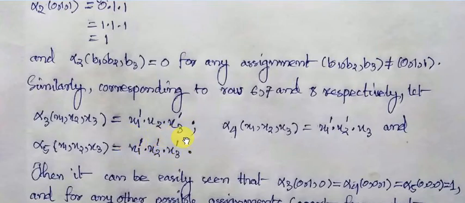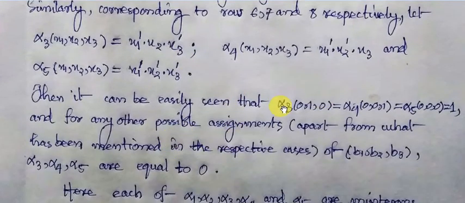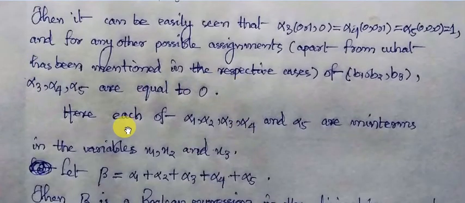Okay. Now, for the corresponding row, for the specific assignment of x1, x2 and x3, the value is 1, and for any other assignment, the value is equal to 0. So each of alpha 1, alpha 2, alpha 3, alpha 4 and alpha 5 is a min term, being the product of x1 tilde, x2 tilde and x3 tilde.